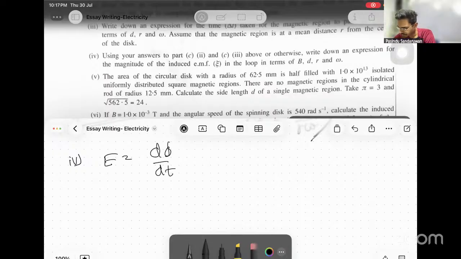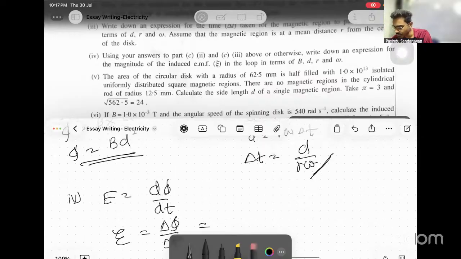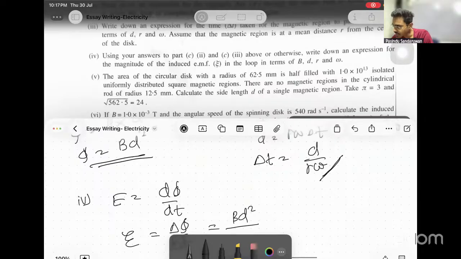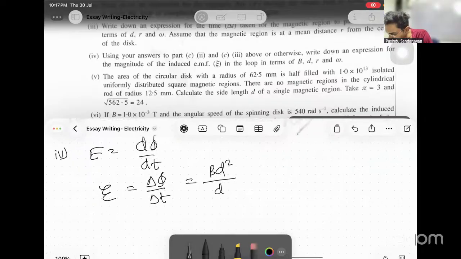Then E is given as psi here, that is written as d phi over dt, the difference of phi over the difference of t, so delta phi over delta t. Then delta phi is what we proved, BD squared, over delta t, which is d over r omega. Then d over r omega goes here as a reciprocal.